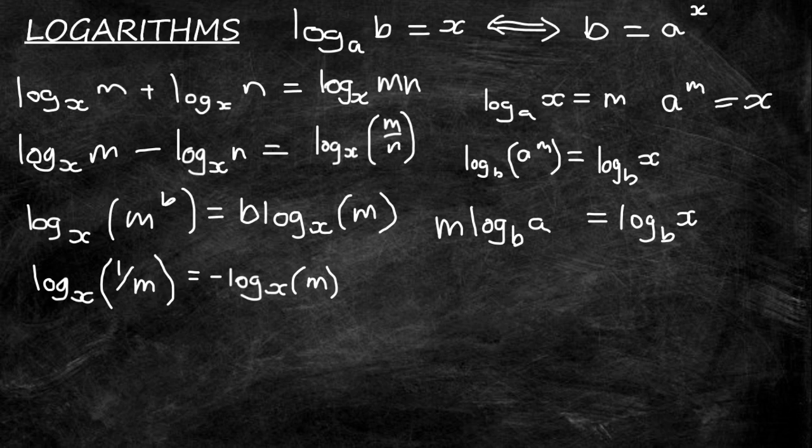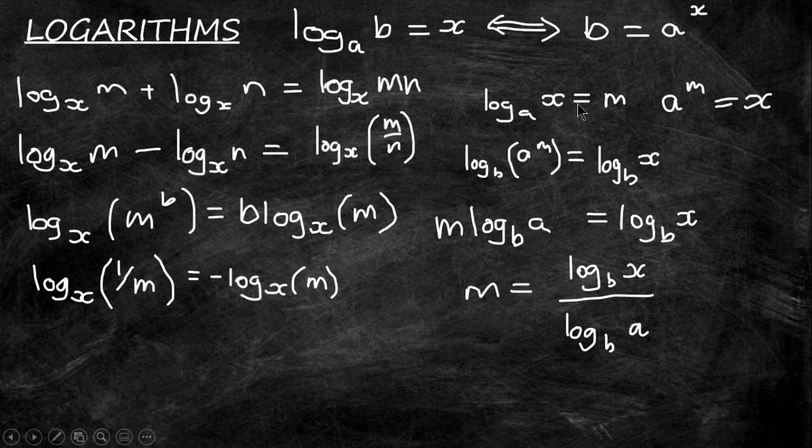And then we can divide both sides of this equation by log base b of a to write that m is equal to log base b of x divided by log base b of a. But at the top of the page here, we already see that m is equal to log base a of x.